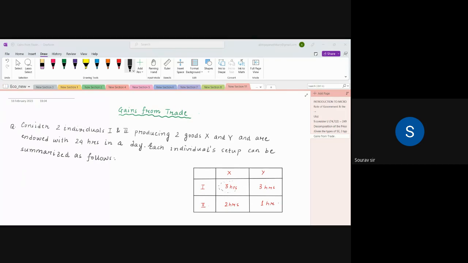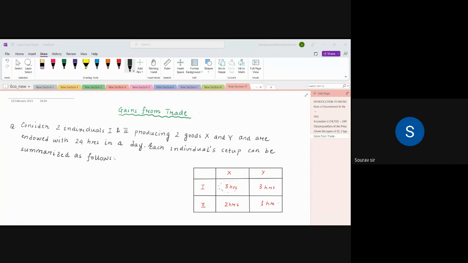Now, this gains from trade can be between two individuals, like I've mentioned in the question. It can be between two industries, two firms, or even at a broader level across countries as well. The idea will remain the same. The crux of the matter is that we want to understand whether there is any benefit that the two parties would get by trading some of their production among themselves to achieve a better outcome.